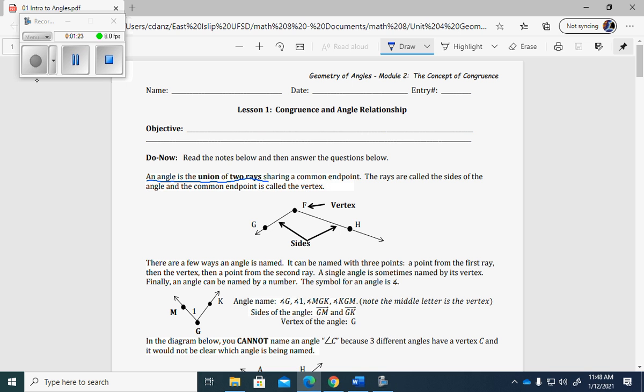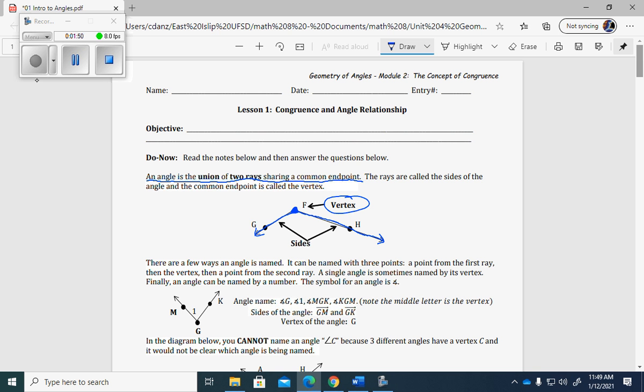It's the union of two rays, and those rays share a common endpoint. The sides of the angle really are two rays. A ray is something that has one end point and goes forever in the other direction. So when those two rays meet at the same end point, that's how an angle is formed. And now that shared end point is called the vertex of the angle.